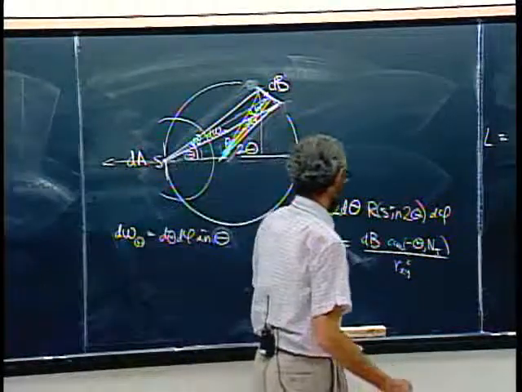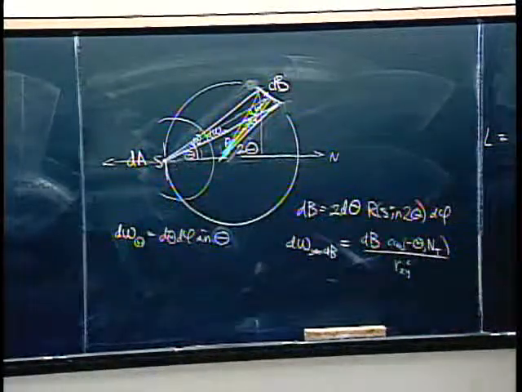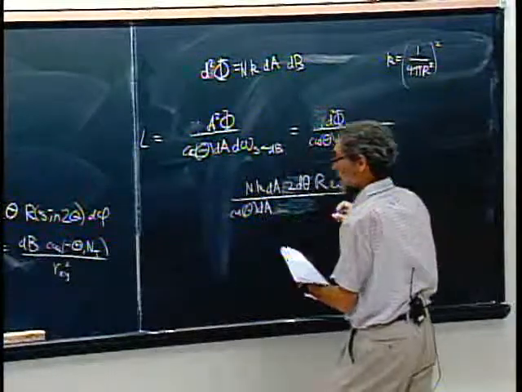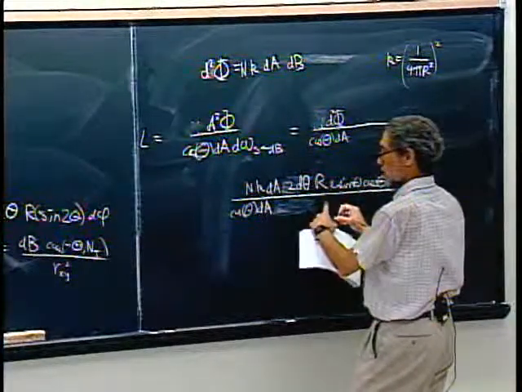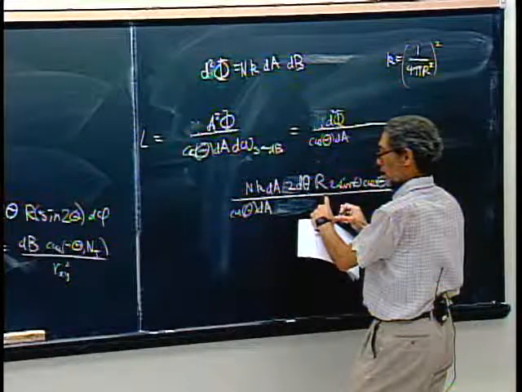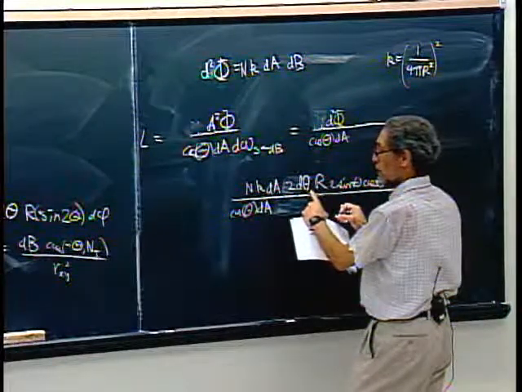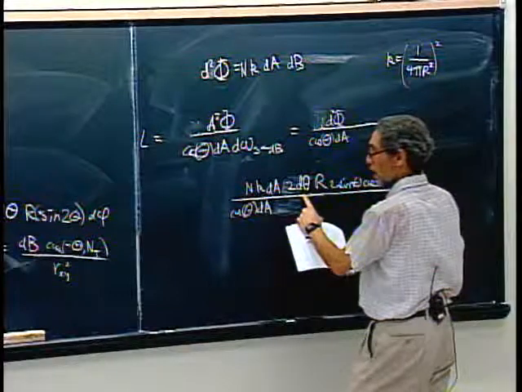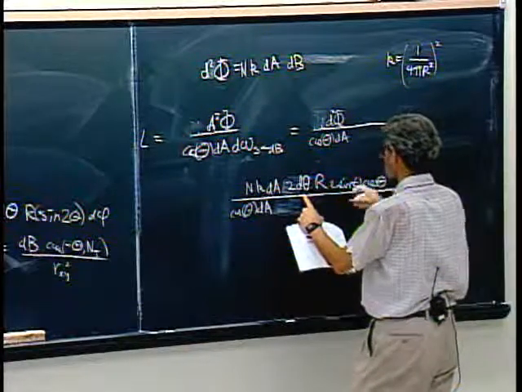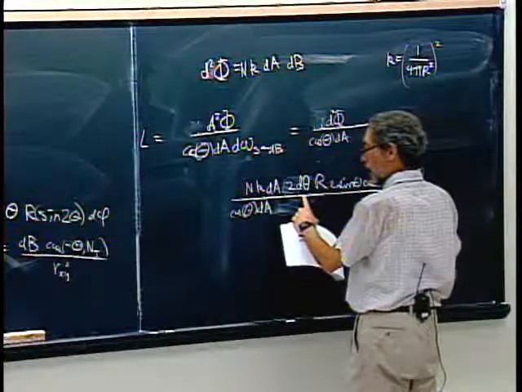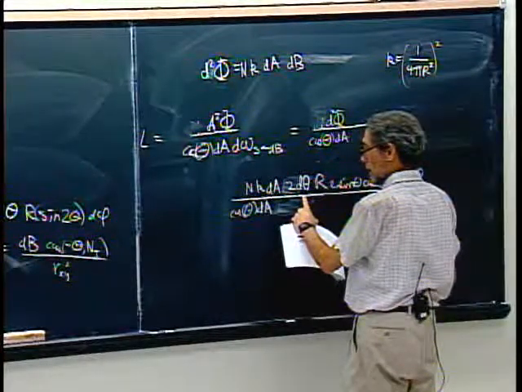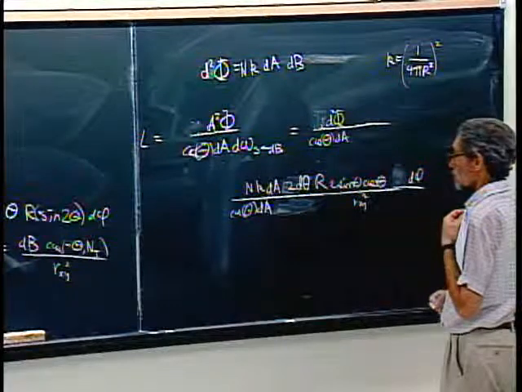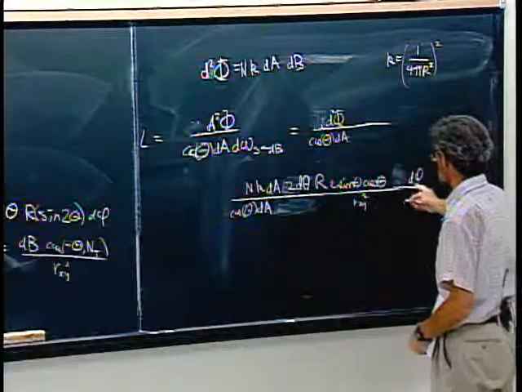So if I'm dividing by d omega b, I have, this is my dB, no, d phi, yeah, I've got my 2 d theta already, d phi, means I get r squared. I mean, if I'm dividing by that, this should be in the denominator.